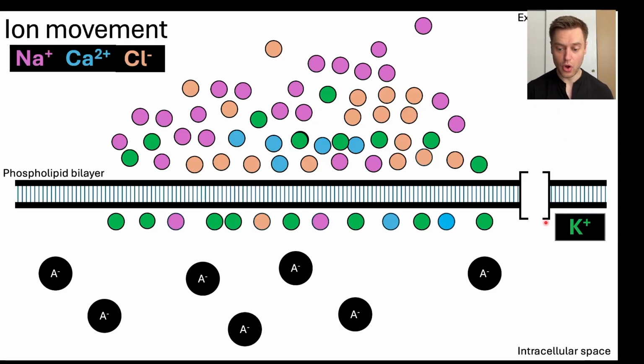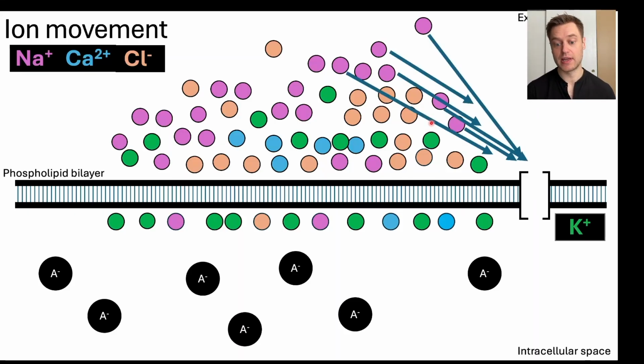So if we broke a hole in our cell membrane, what would happen to our ions? Well, we have to first take into account the concentration of each ion, or how much sodium is out here. In this case, since there's a lot of sodium, the sodium would want to flow away from the other sodium into where there's a lower concentration of sodium. So in this case, the sodium ions would rush into the cell.